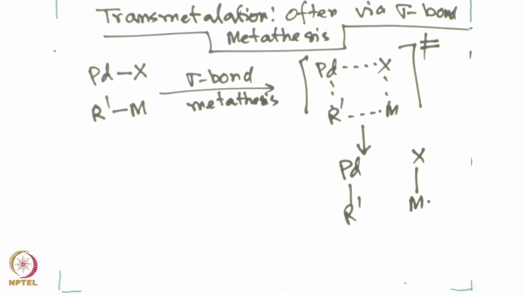Now, substituent effects are important, for example in oxidative addition. Overall, if we have an electron-rich substituent on the organohalide, we have a slower reaction. If we have a sterically bulky substituent in the organohalide reagent, then also we have a very slow reaction.